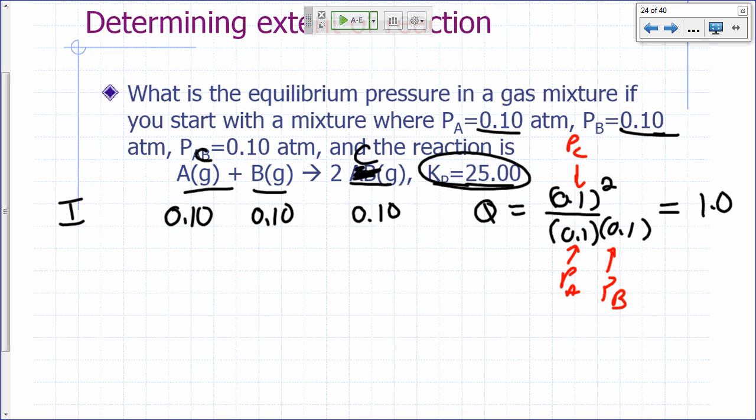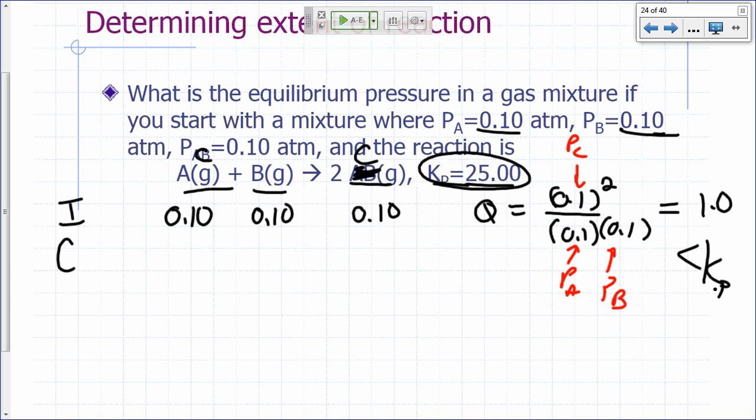So that's our initial Q. Which way will the reaction go, forward or reverse? Q is less than Kp, so it will go forward.